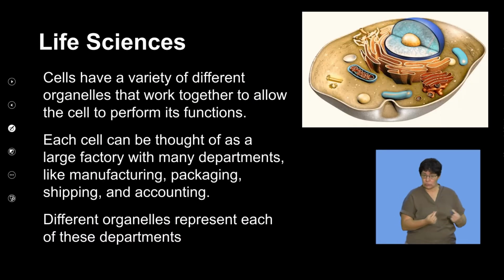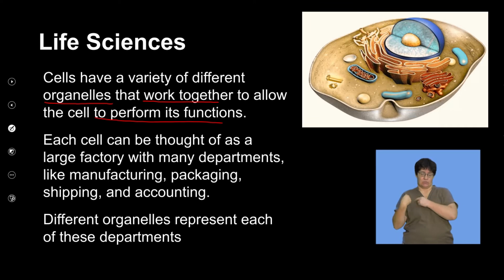Cells have a variety of different organelles, and these are little units which carry out important functions. Together they work to carry out the cell's function. Each cell can be thought of as a large factory with many little departments having important functions like manufacturing, packaging, shipping, and accounting for the various products that are produced.